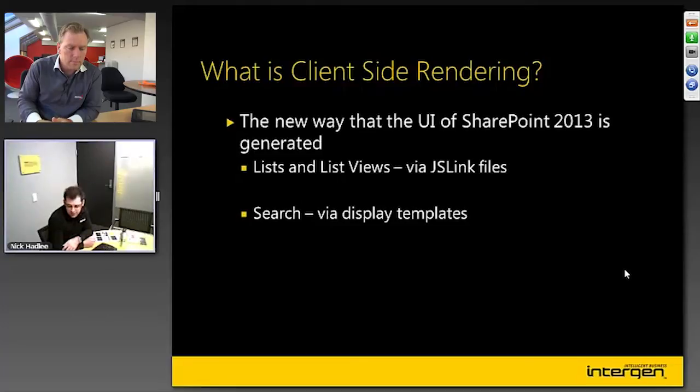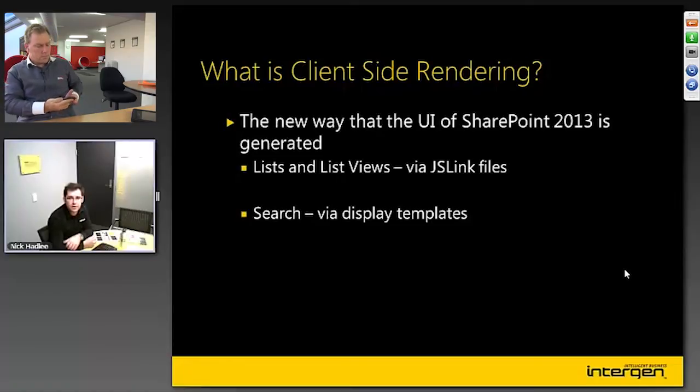So for lists and list views, we've got JSLink, and I'm going to delve a lot deeper into JSLink. Also under the client-side rendering banner is the way that search results are customized. I talked about those today, but that's also HTML and client-side rendering. So client-side rendering is a broad topic, but very specifically we're going to talk about JSLink today.